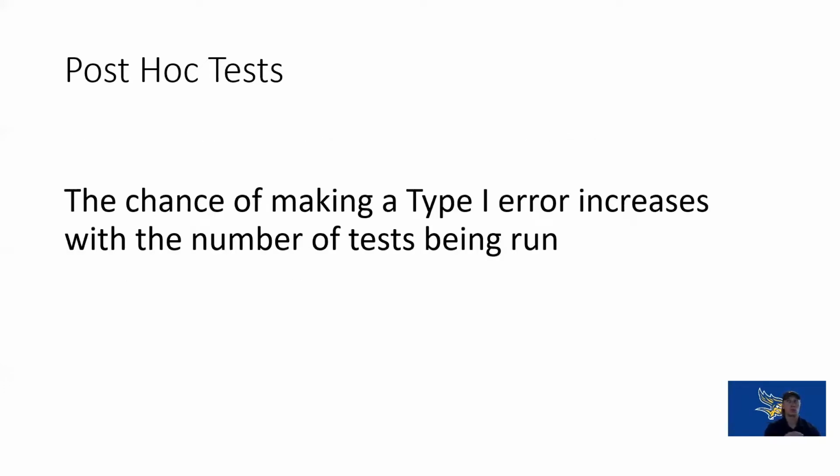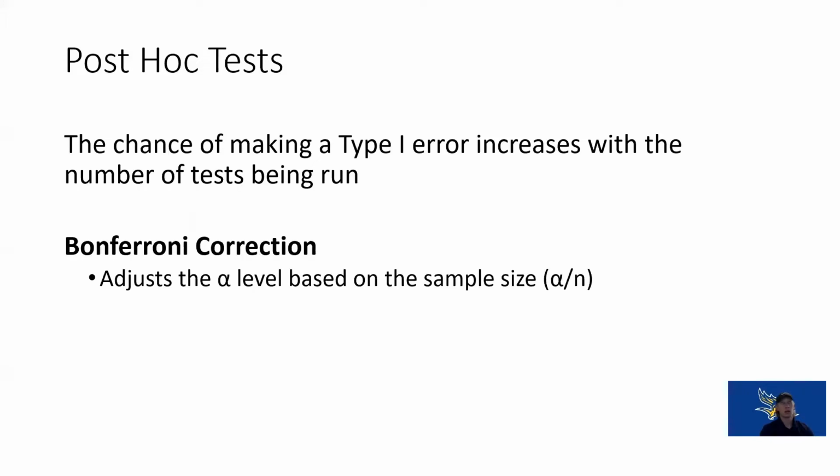What we need to know about this is that our chance of making a type 1 error increases with the number of tests that we run. The more tests that we perform, our chance of error just goes up. In order to control for that, a Bonferroni correction adjusts, or lowers, our alpha level based on the number of tests that we're running.